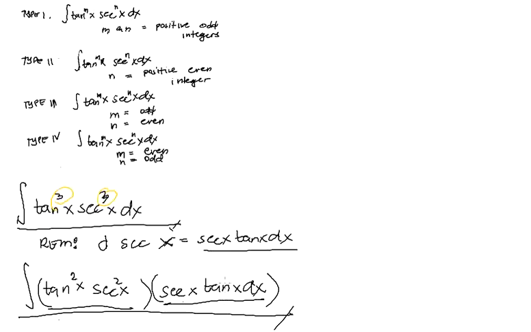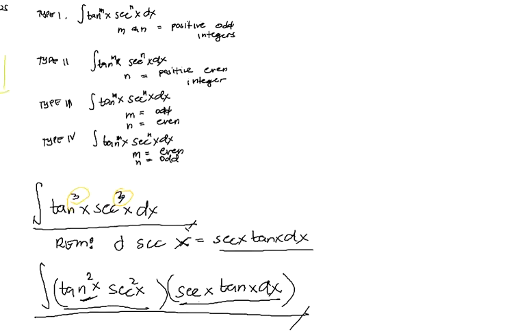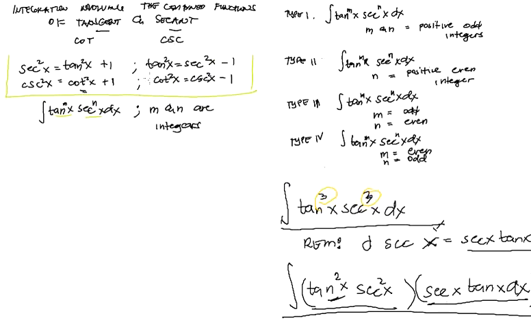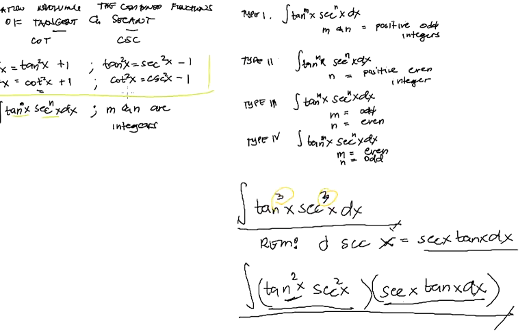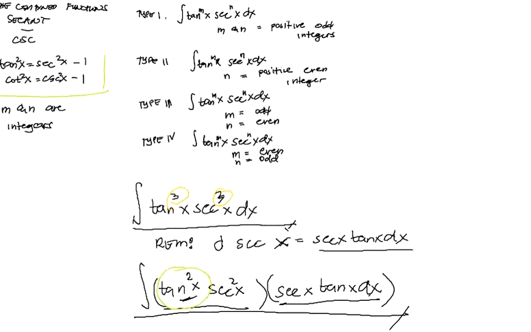After that, we can now use the trigonometric identity regarding tangent square x. Remember, tangent square x is equal to secant square x minus 1.